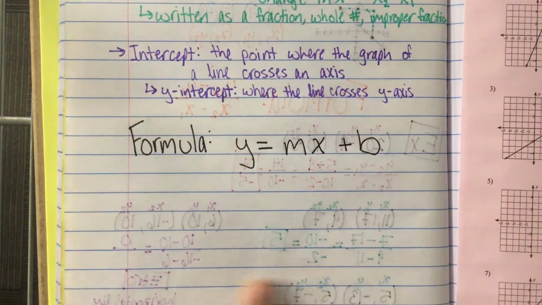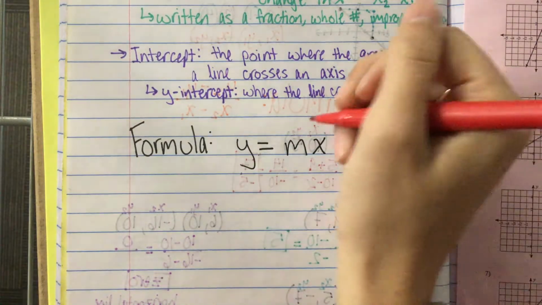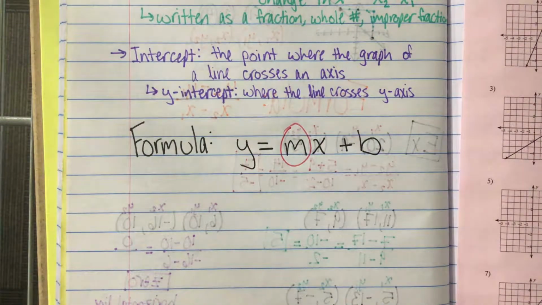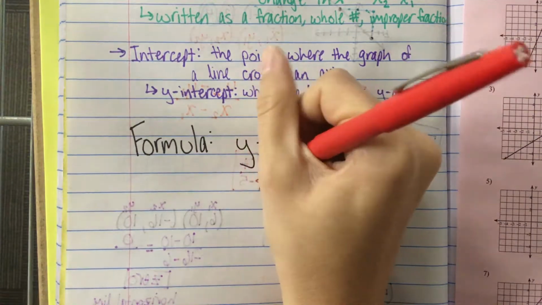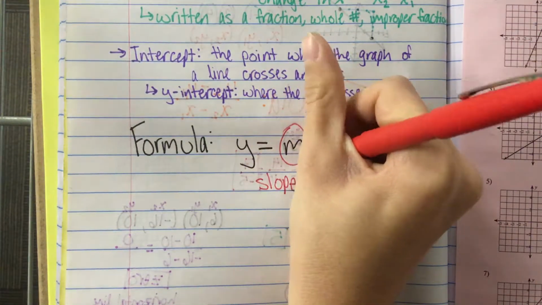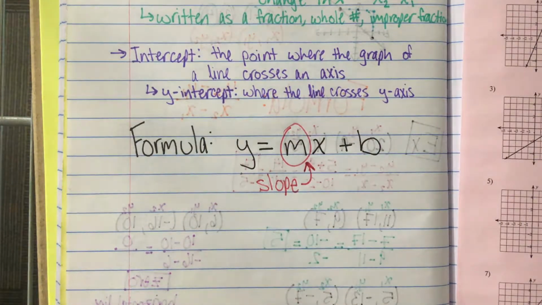In this formula, m, the variable m, represents our slope. The slope of the line is represented as m.